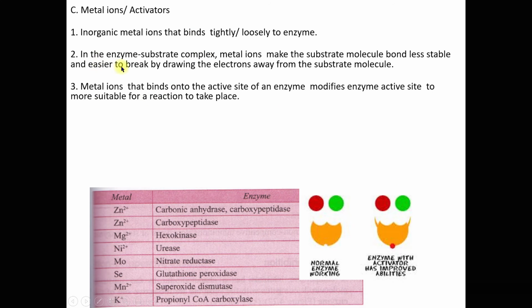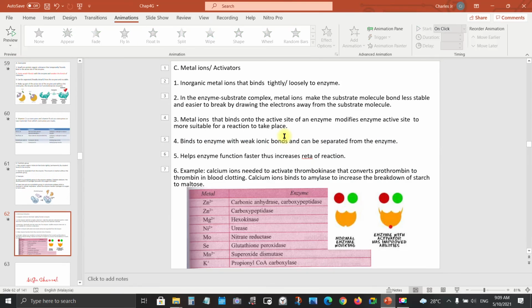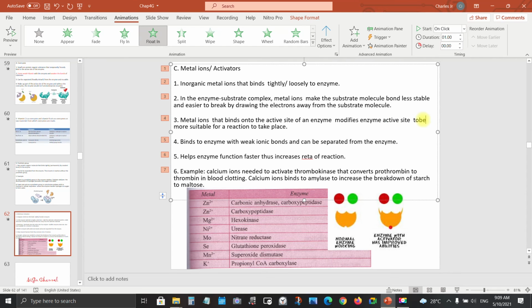Now, metal ions that bind onto the active site of an enzyme will modify the enzyme active site to be more stable for a reaction to take place, to be more suitable.